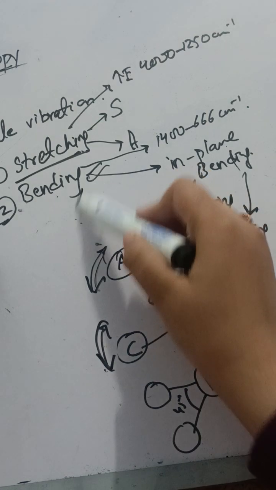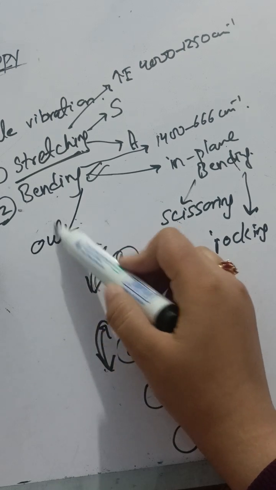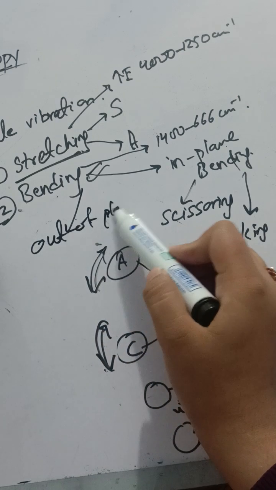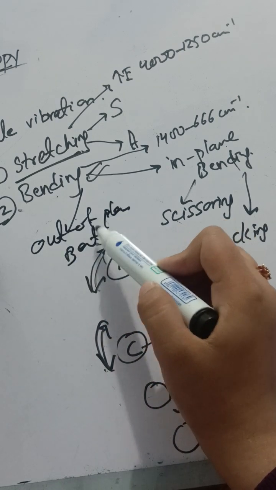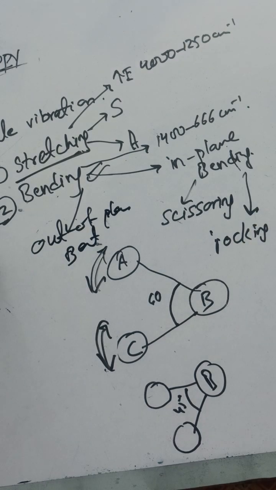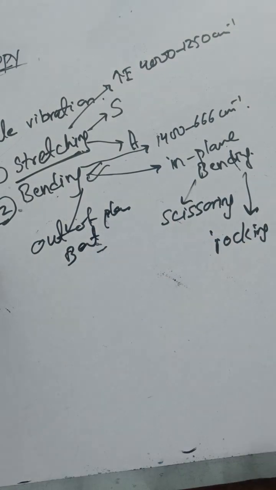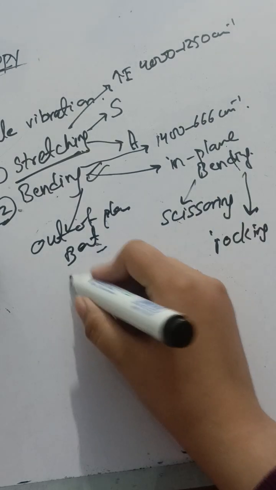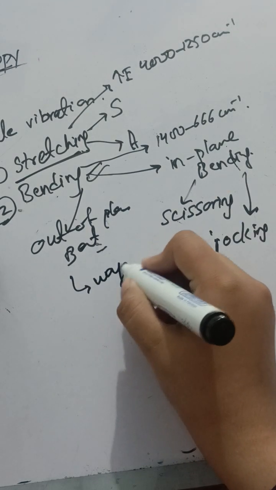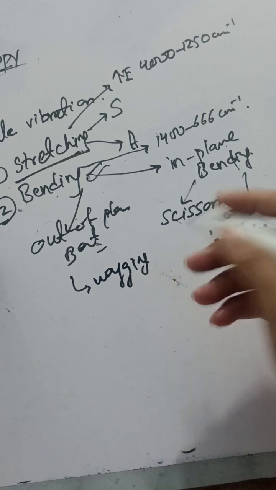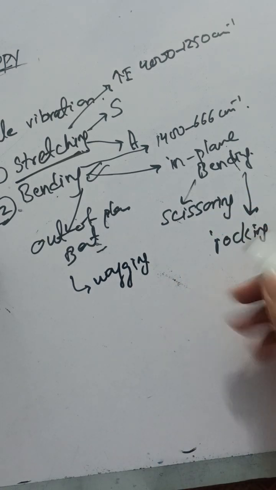The second type of bending is the out-of-plane bending. Again, out-of-plane bending has two types, as the in-plane bending has. The first type is called wagging. In the wagging, atoms move in the opposite direction out of the plane.